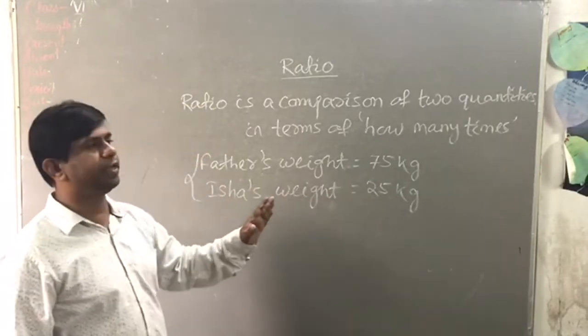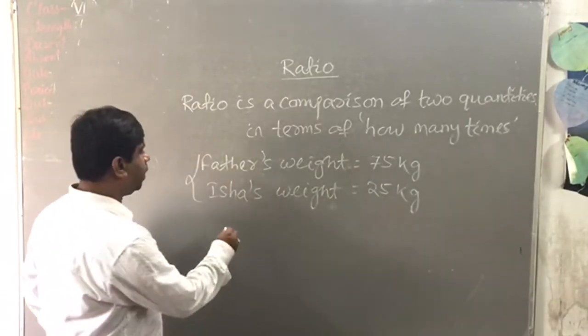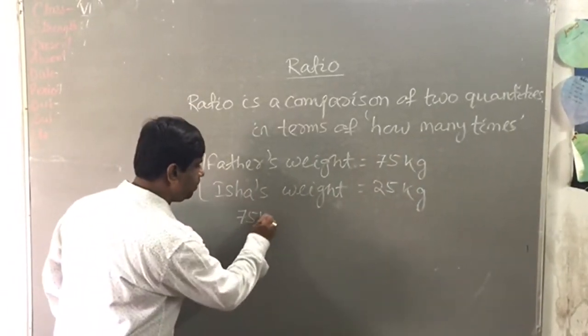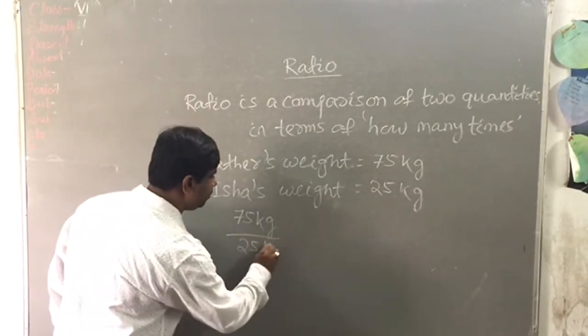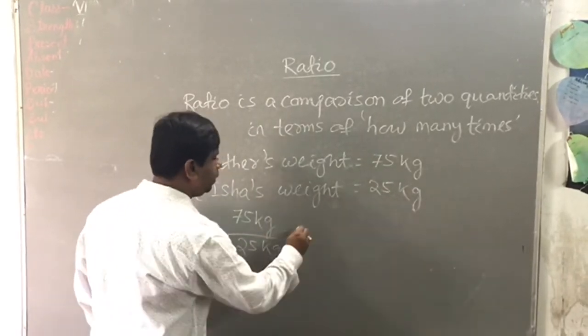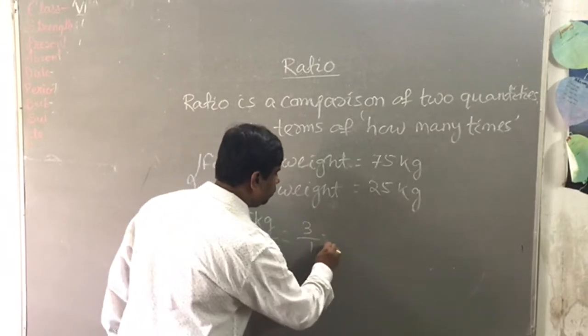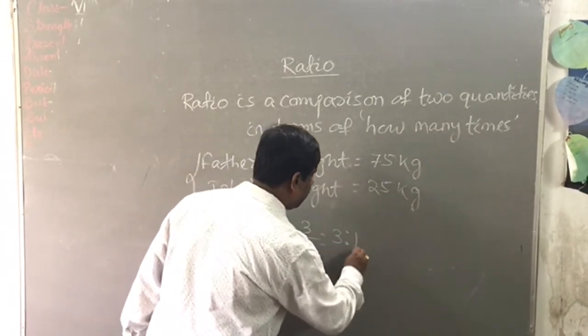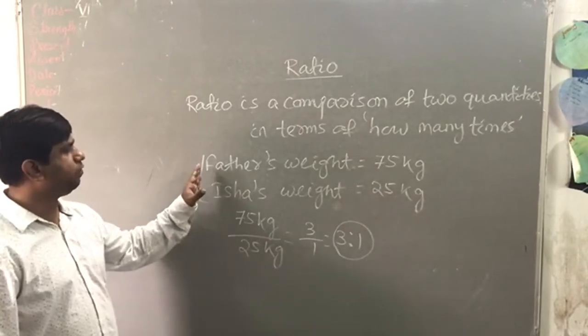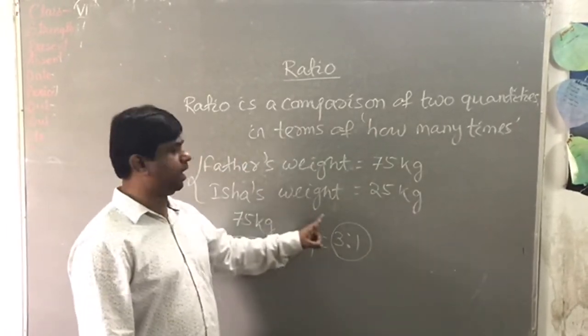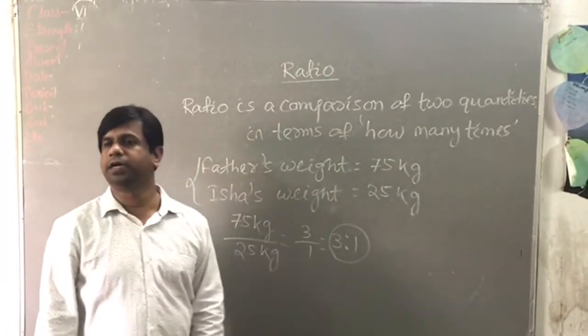In other words, by division also, father's weight is 75 kilogram and Isha's weight is 25 kilogram. If you divide, 75 by 25, you get 3 by 1, that is 3:1 or 3 times. So we can say that father's weight is 3 times Isha's weight.